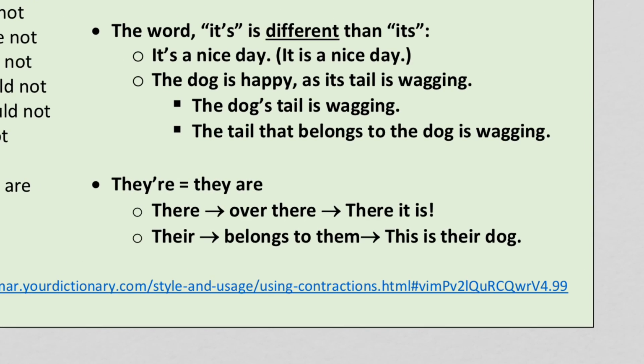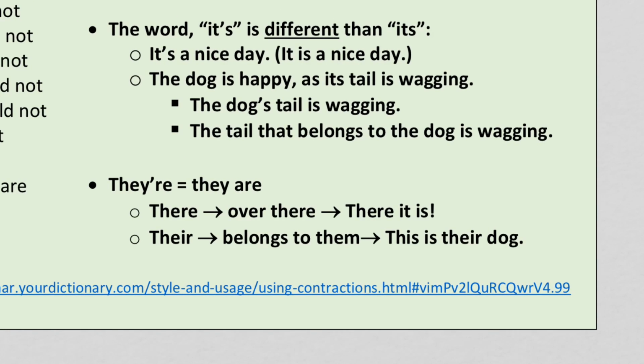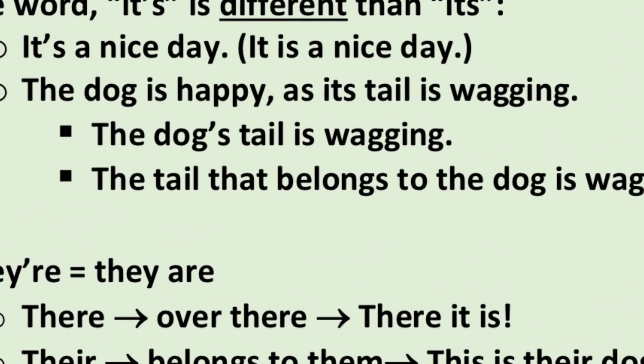Now, I know this is probably strange to you because I just said that you can use contractions and commas, right? So you've got "it's," right? "It is," which is a contraction. And then at the very beginning, I said how important it is to remember to use apostrophes to show belonging, right? And we're talking about the tail that belongs to the dog. Well, this is a special case, all right?